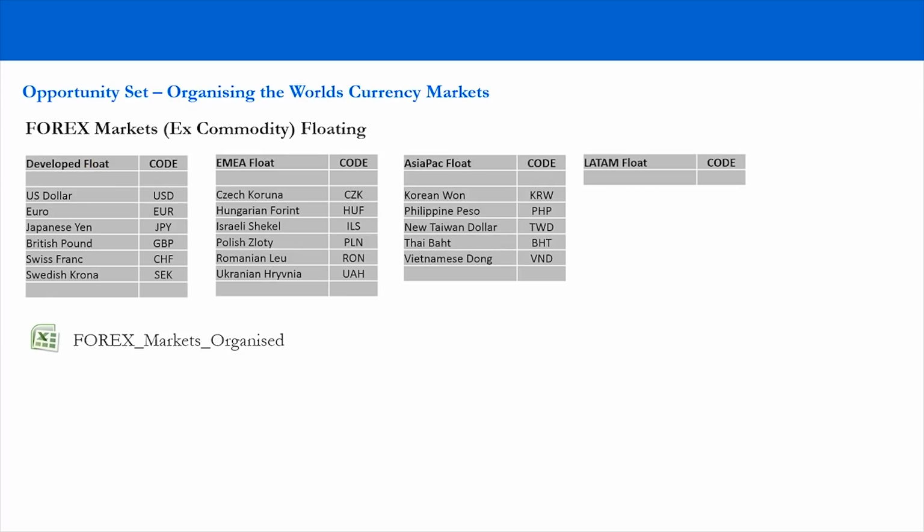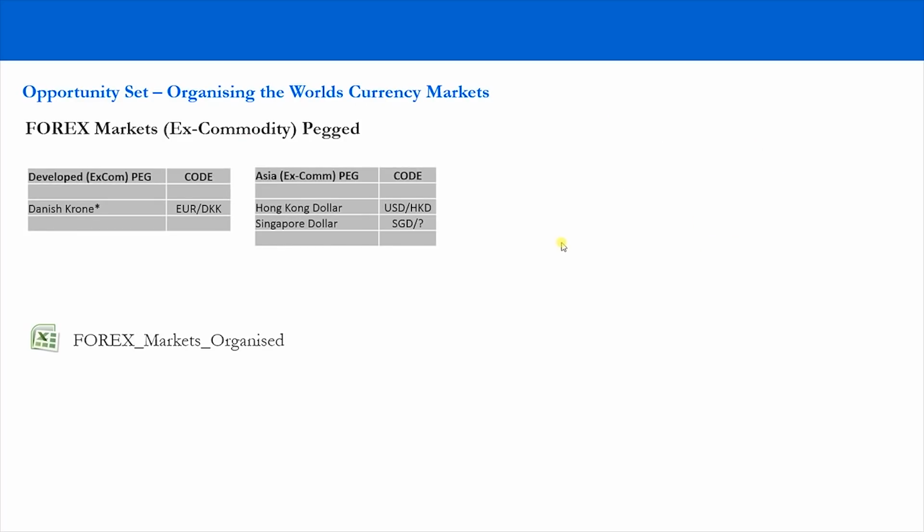We mean developed economies that have floating regimes that are not dependent on commodities. Then we have the EMEA floating currencies that are ex-commodity, the Asia Pacific floating that are ex-commodity, and the LATAM. And you can see there's no Latin America there.